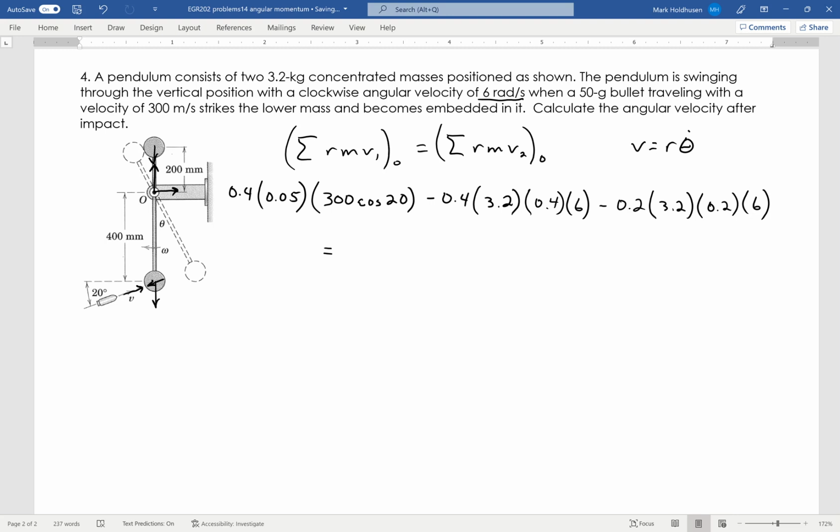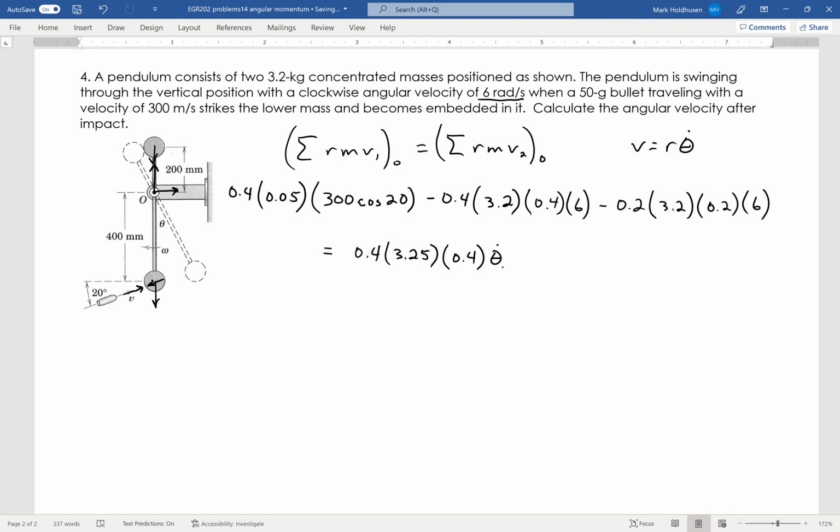Now, the bullet's lodged in the block, okay? It's RMV, it's 0.4. And again, I'm just going to assume positive. If I'm wrong, I get a negative answer, okay? It's going to be 0.4 times, so that's R, then M is 3.25 because now it is both the ball and the bullet combined, okay? And then times R theta dot, where R is 0.4, and then theta dot is what I'm trying to find, that final theta dot.